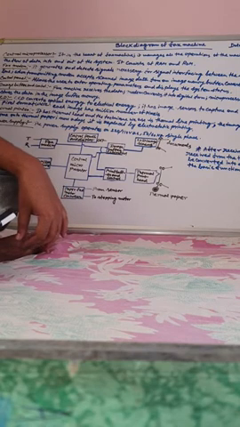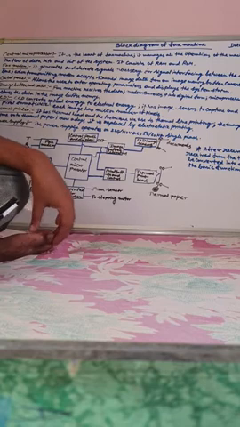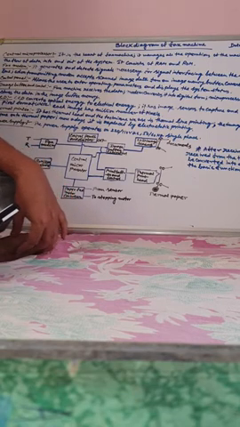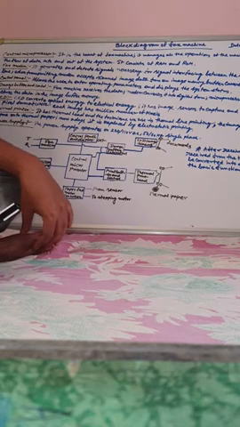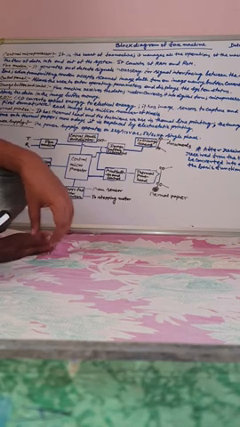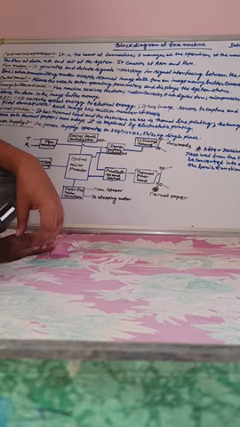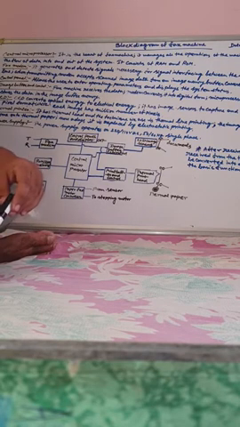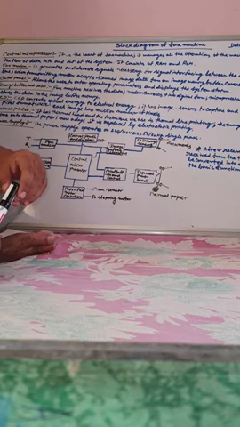The data received from the telephone network arrives in analog format, and it is then converted into digital format using an analog to digital converter.